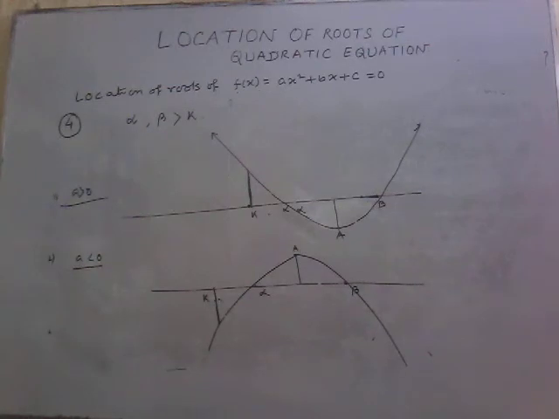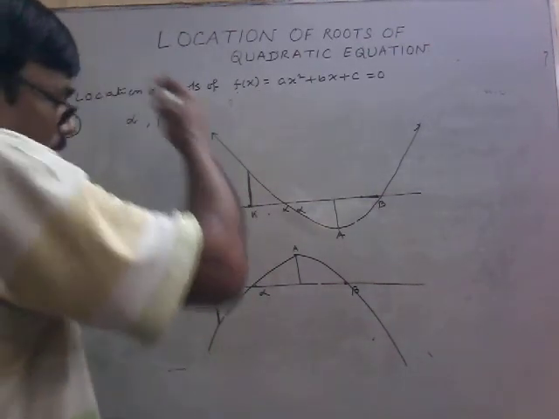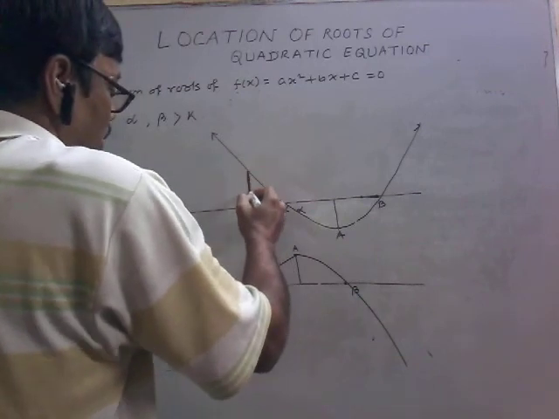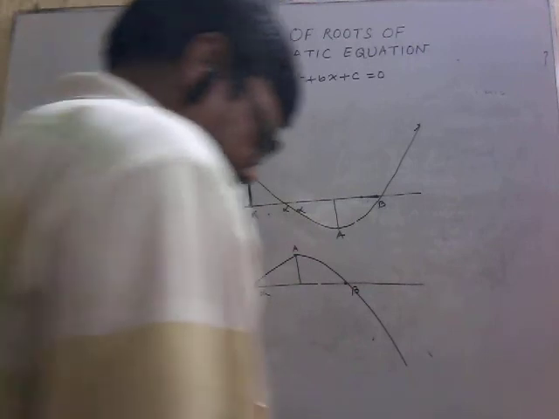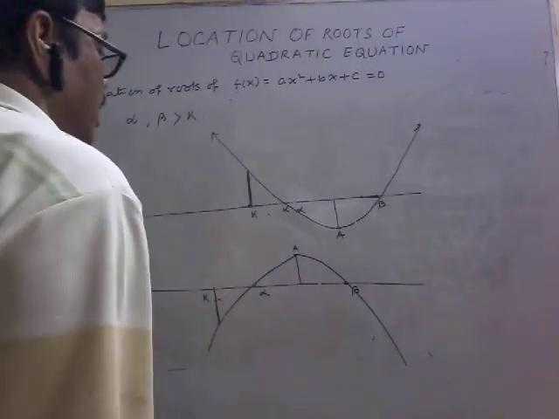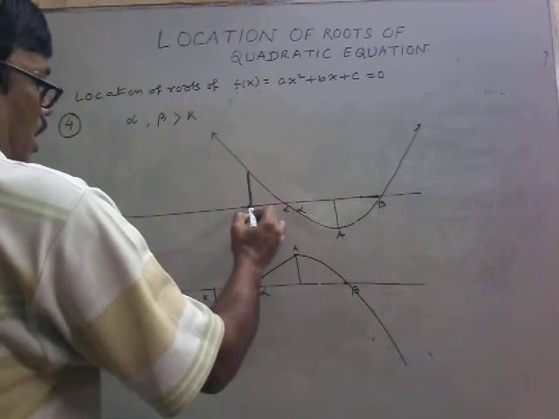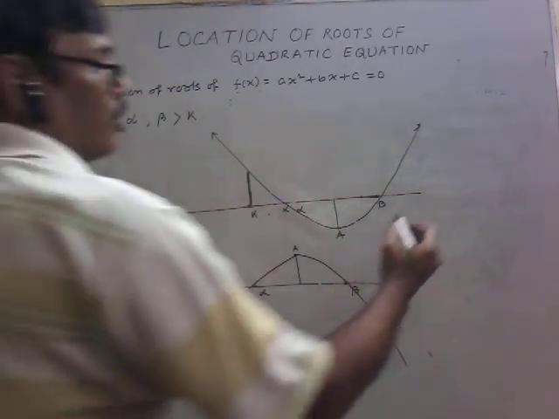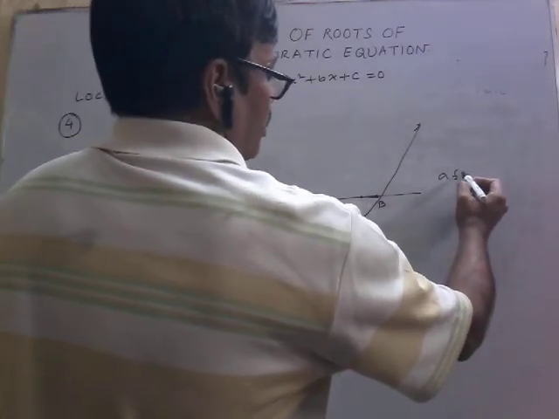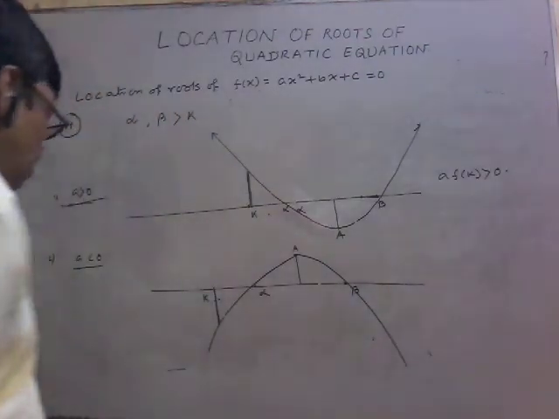So what is our condition? Look, graphical condition. A into fk. This is fk and this is a. Both are greater than 0. So the graphical condition is a into fk greater than 0.